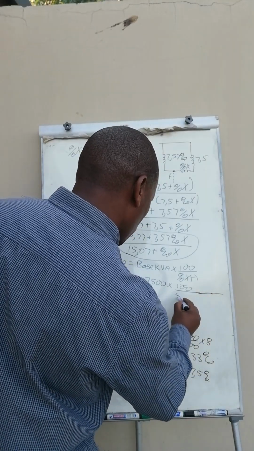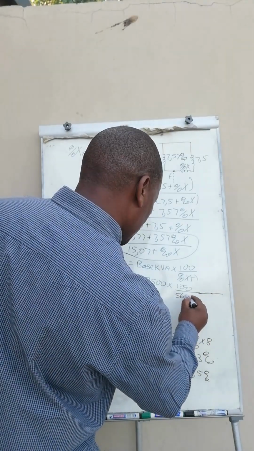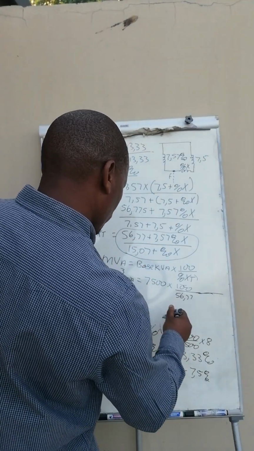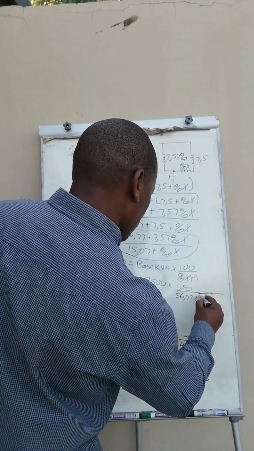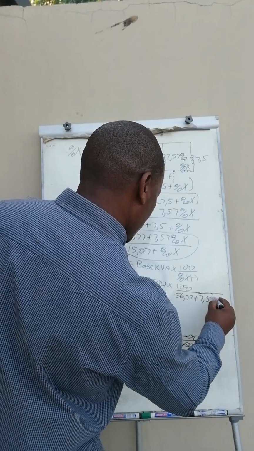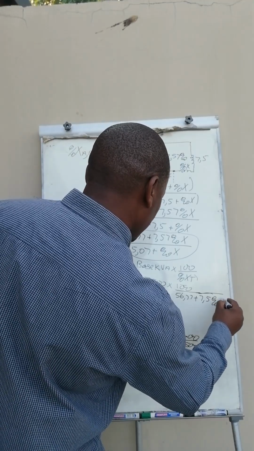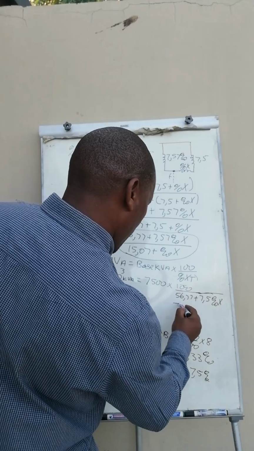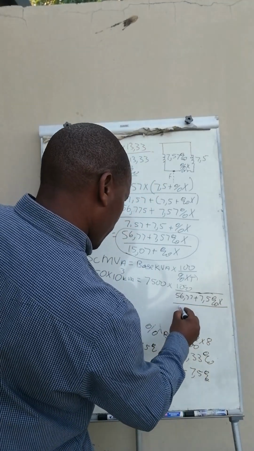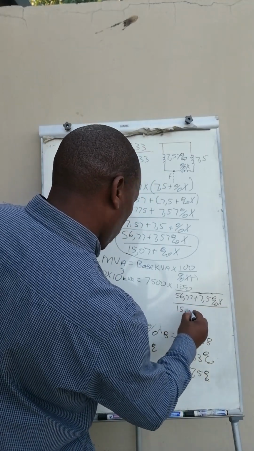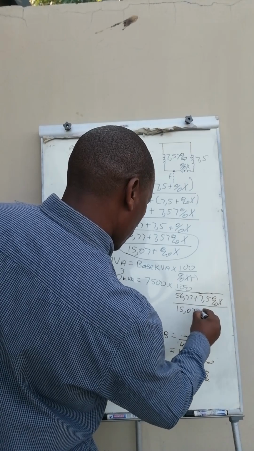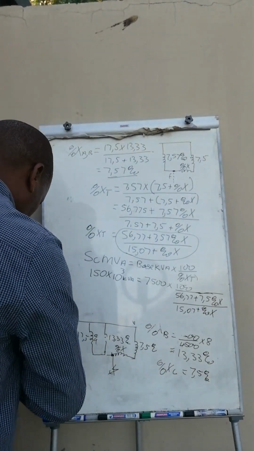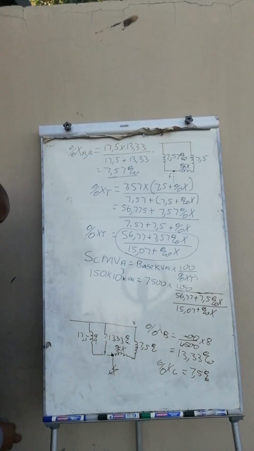Multiply by 100 over percentage reactance, and it is equal to 56.77 plus 7.5 percentage X, all over 15.07 plus percentage X. It's all right, man. Let's enjoy this, gentlemen.